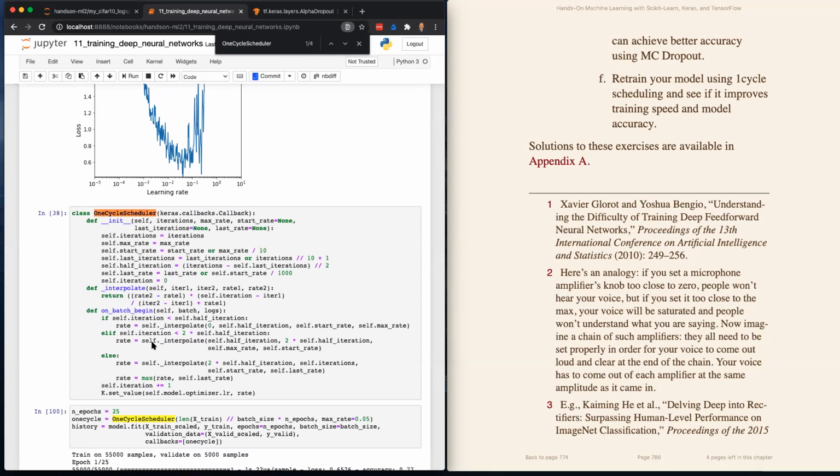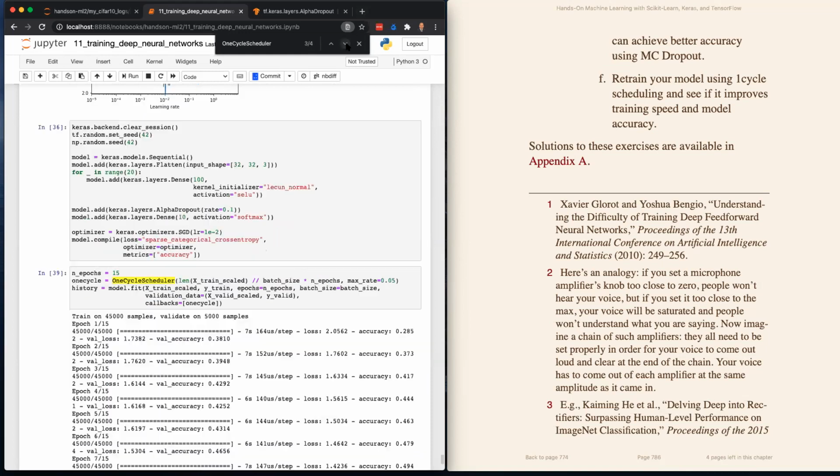When we say one batch and then pass the values, which function do you think is going to get called? This callback will get called automatically on batch begin.